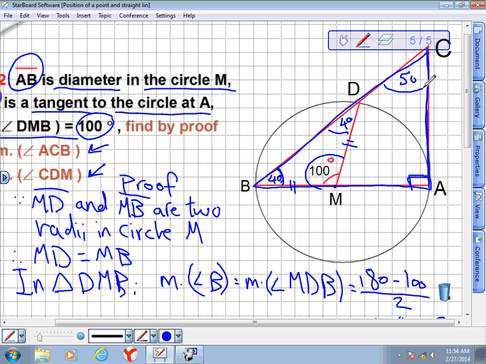And the second required was to find measure angle CDM. We have here a quadrilateral which is CAMD. We have here angle C equals 50, measure angle A equals 90 degrees, and by subtracting from 180 we will find that measure angle AMD equals 80 degrees.